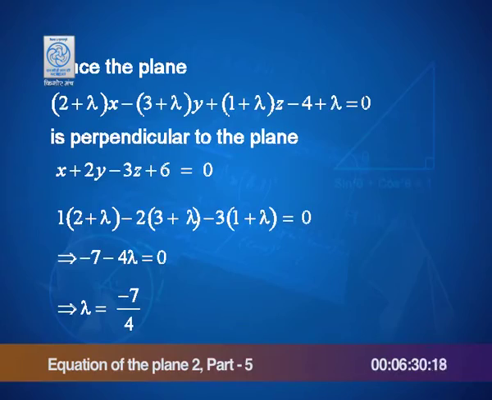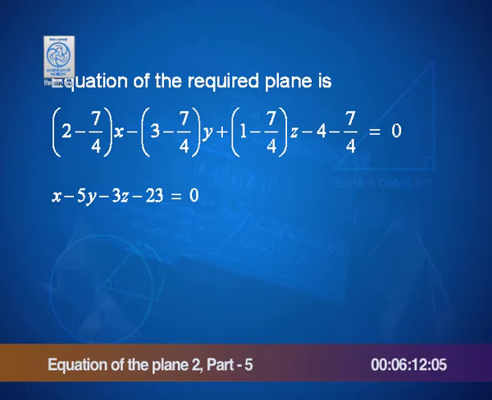If I take that into consideration, I get a simple linear equation in lambda that gives the value of lambda as minus 7 by 4. Substituting this value in the equation derived earlier, we get our required equation of the plane as x minus 5y minus 3z minus 23 equal to 0.